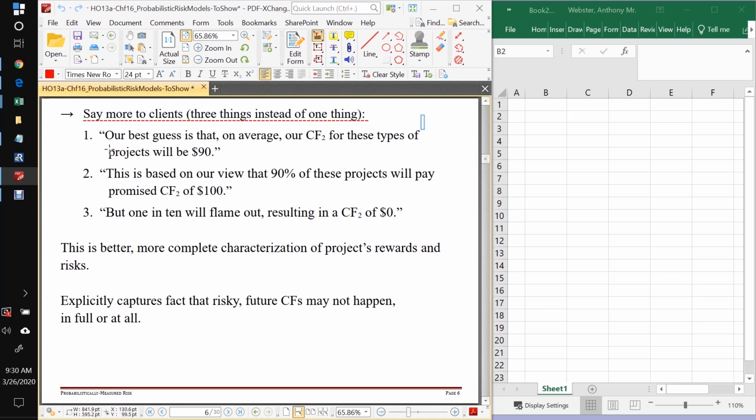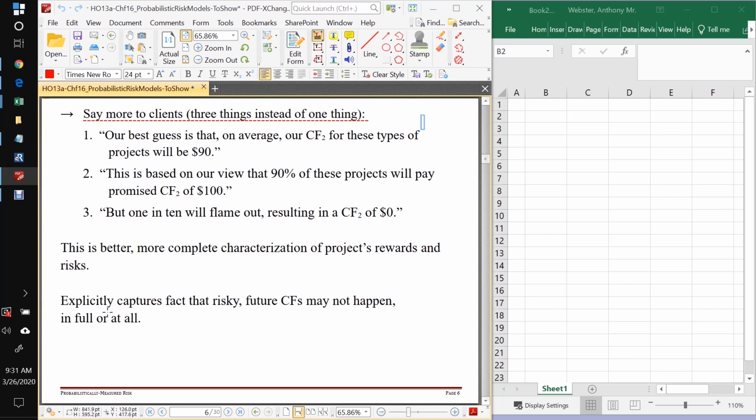Like, for example, our best guess is that on average, our cash flow 2 for these types of projects is 90. That's what we've said before, but we can add to that. This is based on our view that 90% of these projects will pay the promised cash flow of 100, but 1 in 10 will flame out, resulting in a cash flow 2 of 0. So we're saying more here, so we're able to do a bit better.